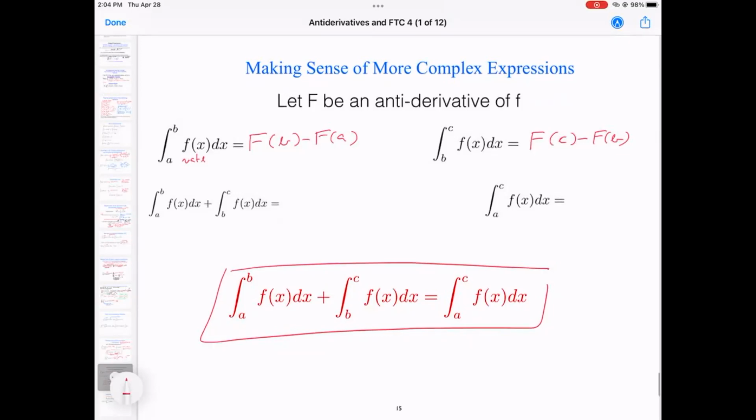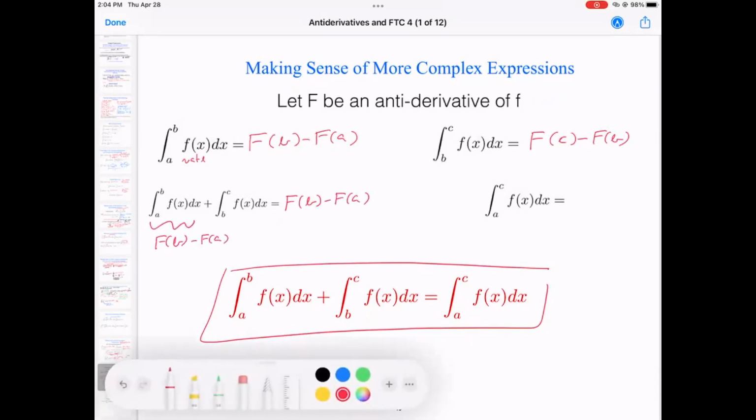The first is capital F of B minus capital F of A.